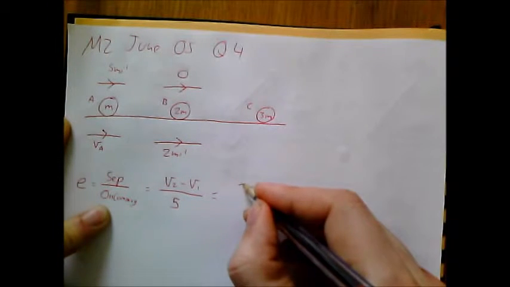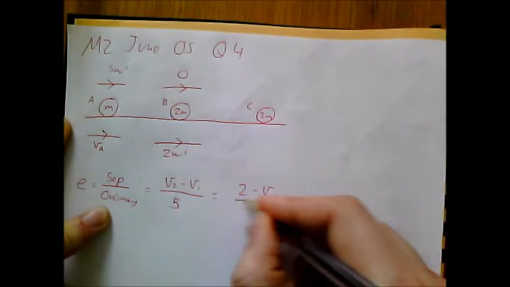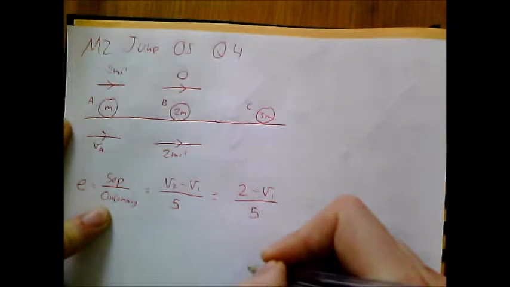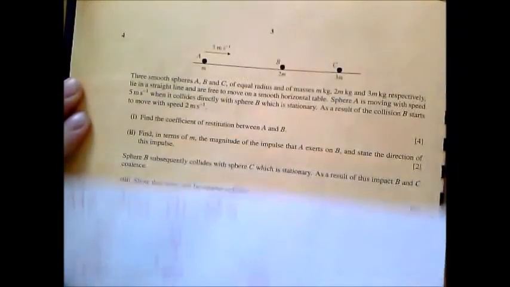So this simplifies to 2 minus VA all over 5. I'm not told the other speed, so we'll just have to find that.